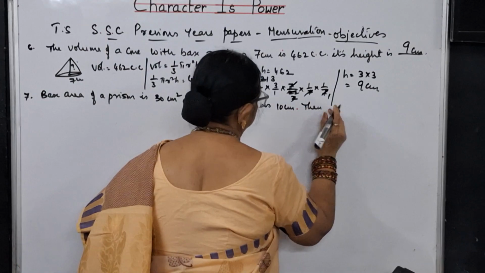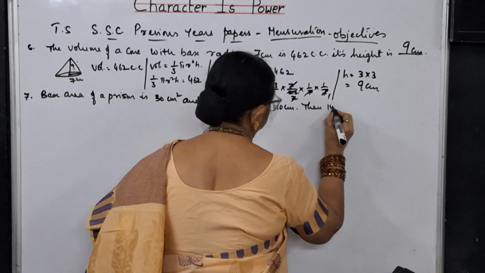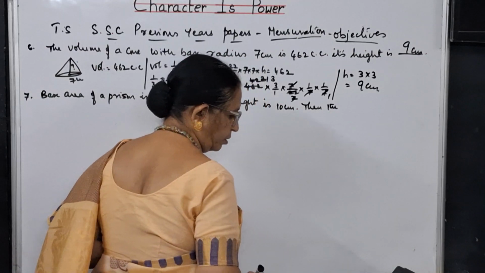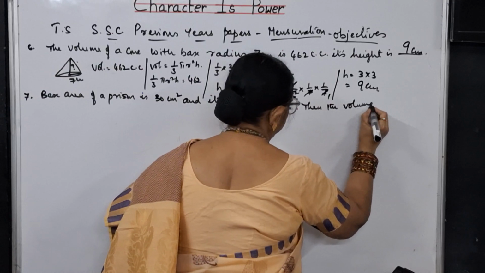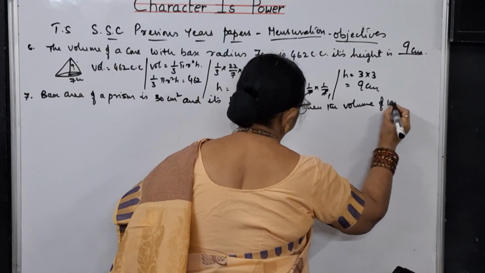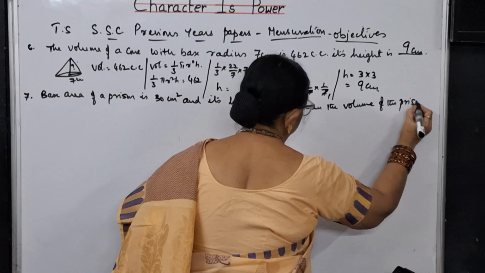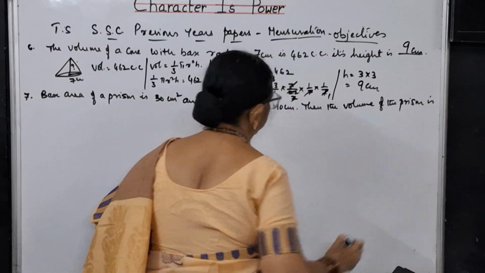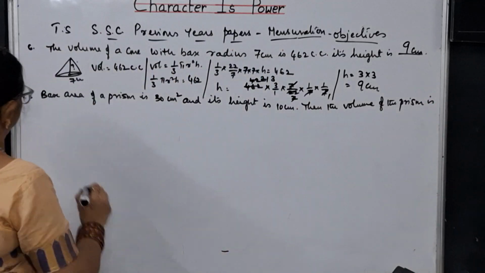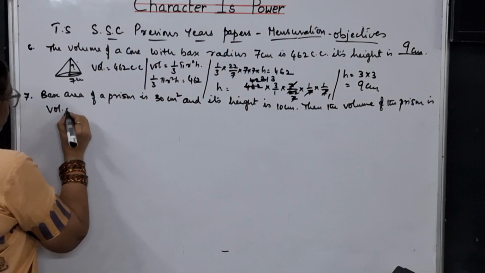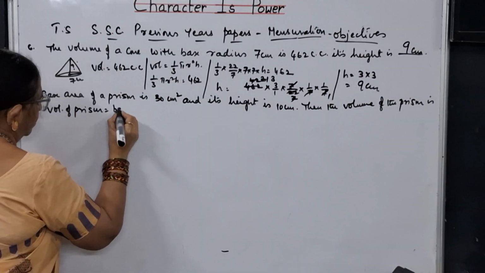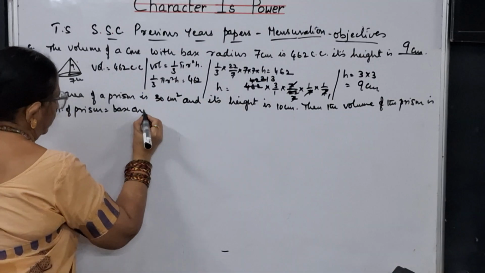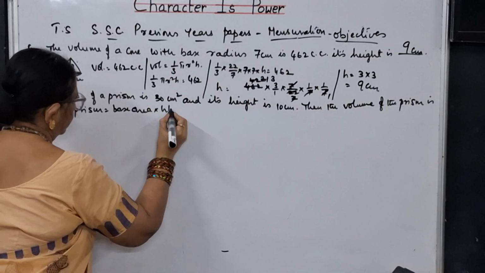Then the volume of the prism is, so actually volume of a prism formula is base area into height.